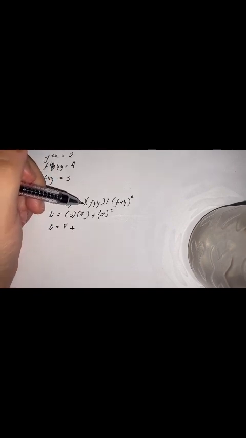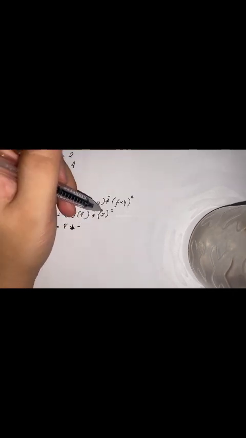So 2 times 4, that would be 8, and then minus 2 times 2, that would be 4. Oh wait, this is minus, my bad. I'm not really in a good headspace right now, but yeah. So 2 times 2, that would be 4.